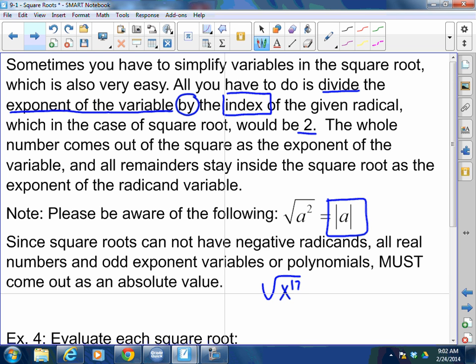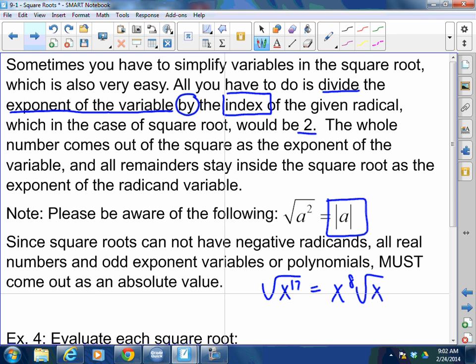How many times is it going evenly? 8 times, right? And what's left over? 1. Boom. Why did I not put that x to the 8th in absolute value? Because the exponent is even. Very good. Does that make sense? A little bit more now?